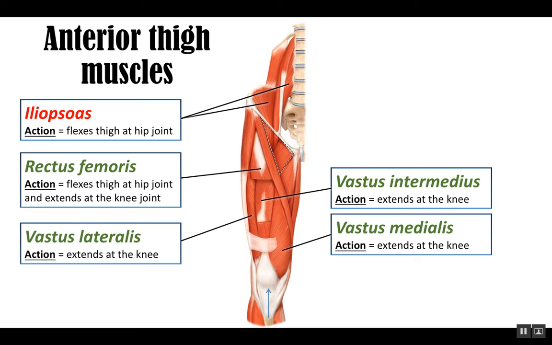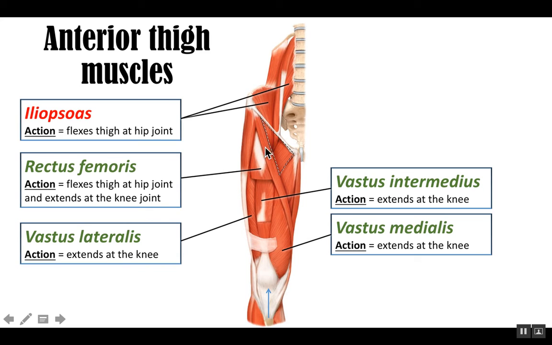They all have different origins, but they share a single tendon right here called the quadricep femoris tendon. And then that tendon extends distal to the kneecap and inserts at the tibial tuberosity. And these three really just cross that knee joint.